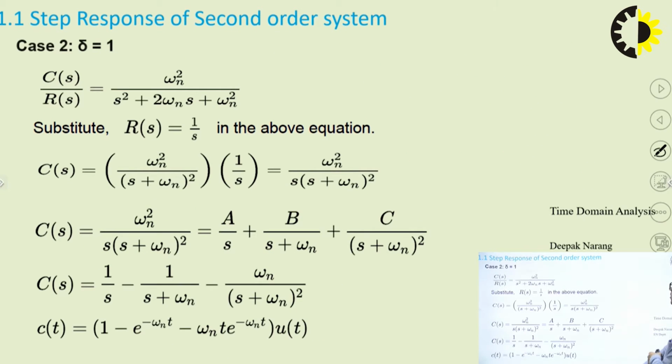Next is the step response when delta is taken as 1. This is the situation where the system is critically damped.